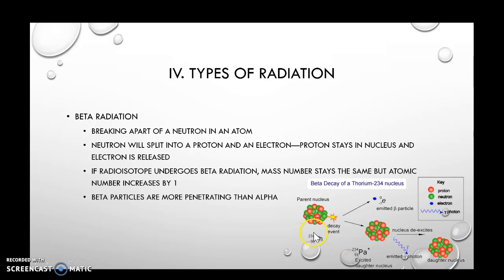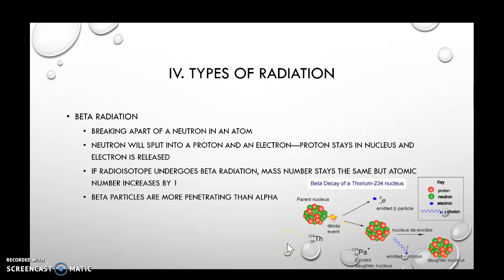Its mass number is 234, its atomic number is 90. Your mass number will stay the same, but your atomic number will increase by 1. Then we get our new element here, and we have an emitted beta particle.